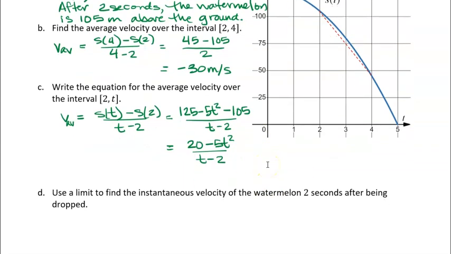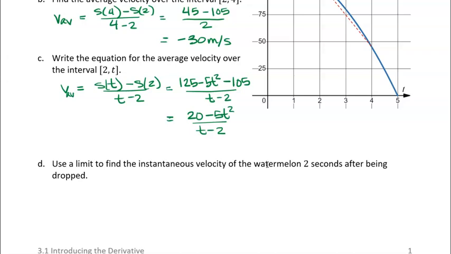And our next step is to use a limit. We're going to use a limit to find the instantaneous velocity at 2 seconds, right? All right, so now we're going to take the limit. So actually, let's write it this way. V instantaneous, V inst, is equal to the limit as t approaches, our a value is 2.